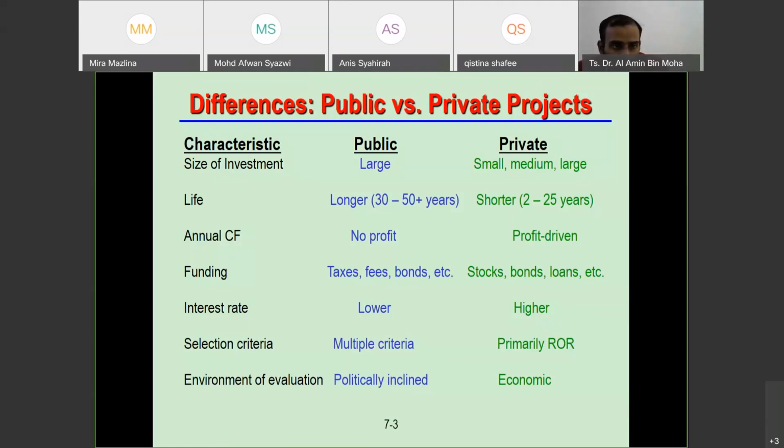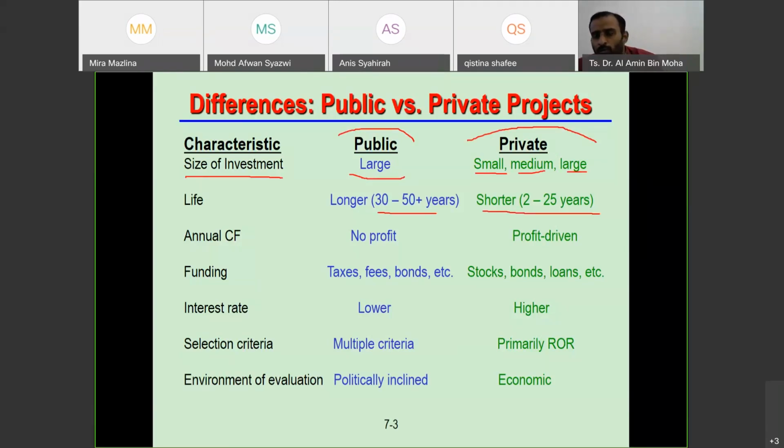So we're going to see the size of investment. Usually, if it's public, it's large. And private has a whole range of small, medium, and large. And usually the life of the project is longer, 30 to 50 years. For the private ones, the life is usually shorter.